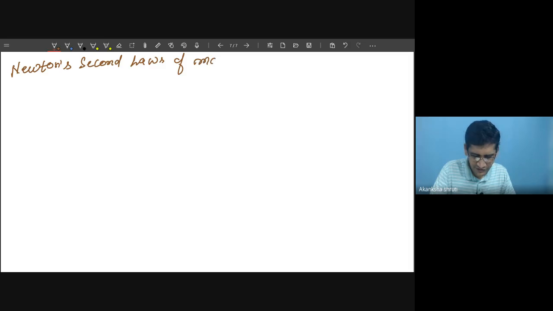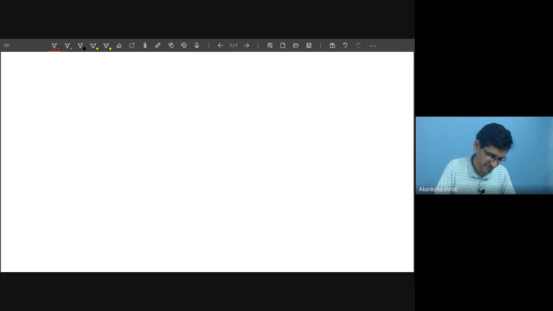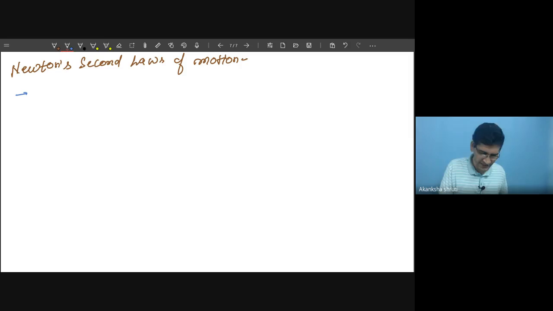It tells that when an unbalanced external force is applied over a body, the force is generated. I mean, when an external force is applied over a body, then there is always some change in momentum. And the measurement of that force is given by the rate of change of momentum. Okay, so write down the definition.